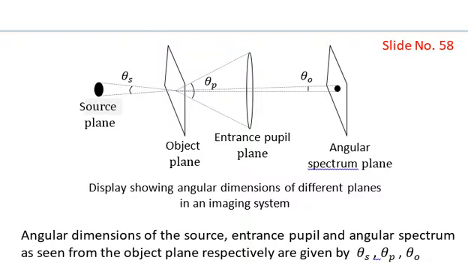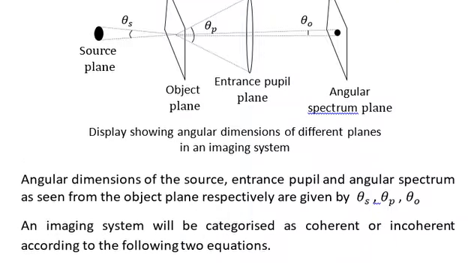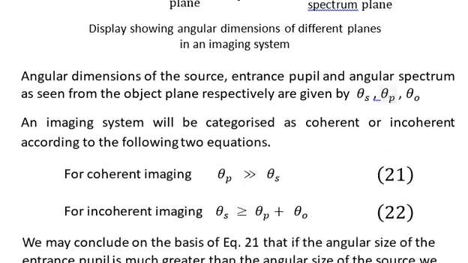The angular dimensions of the source, entrance pupil, and angular spectrum as seen from the object plane are given by theta s, theta p, and theta naught respectively.